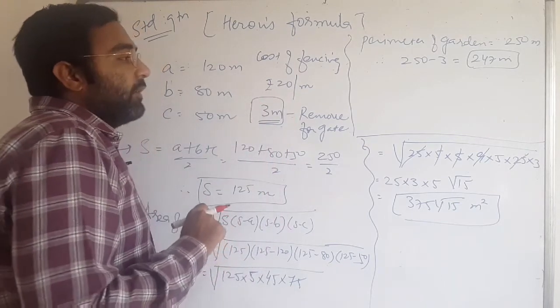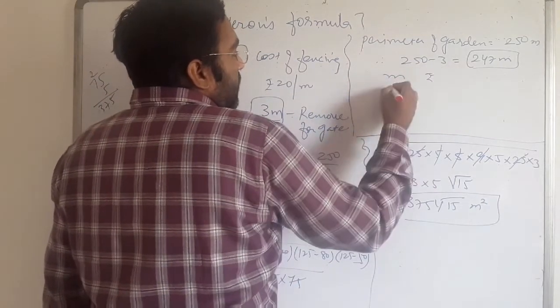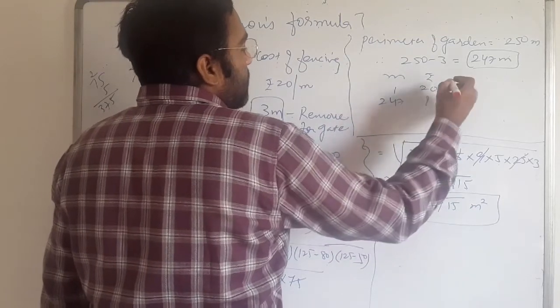Now it's 20 rupees per meter. For 1 meter there is 20 rupees, and for 247 how many rupees?